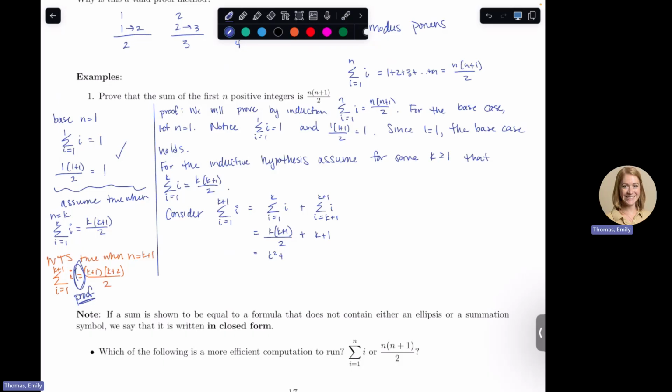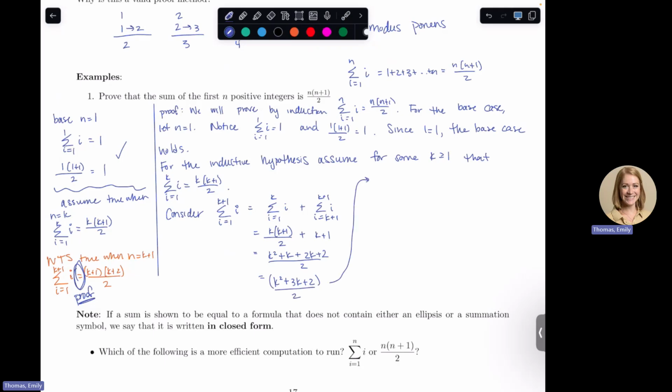This is k squared plus k plus 2k plus 2 all over 2. I distributed in that first fraction, found a common denominator with the second, and then just squished them together. That's k squared plus 3k plus 2, yeah, all over 2.